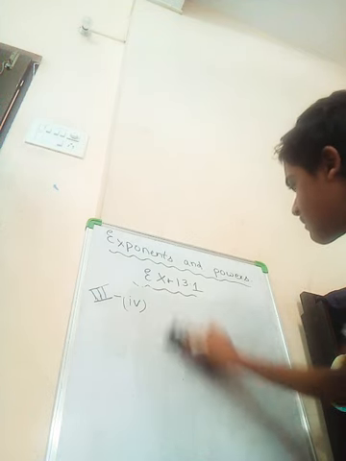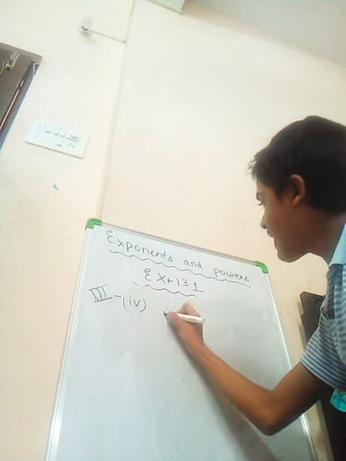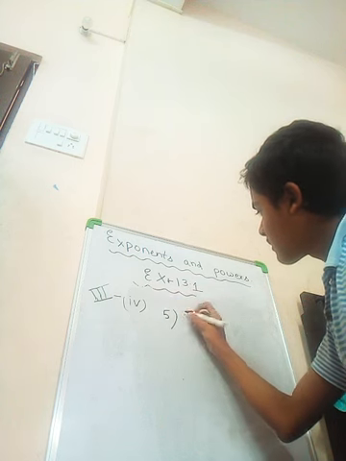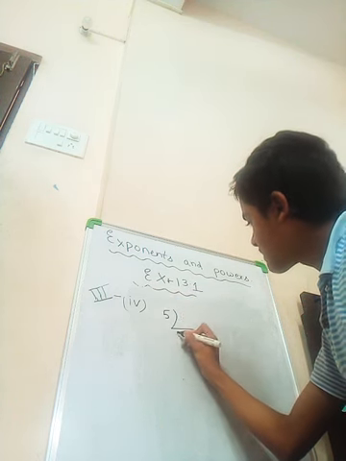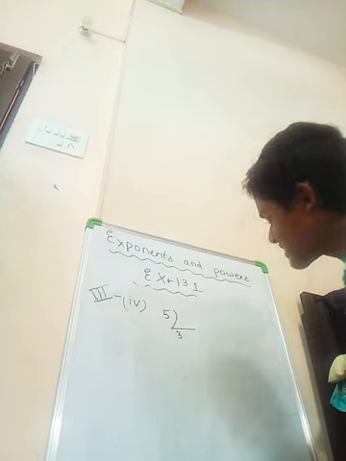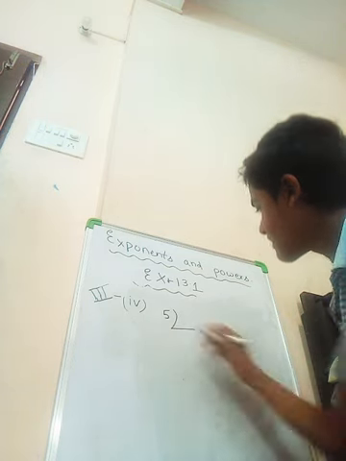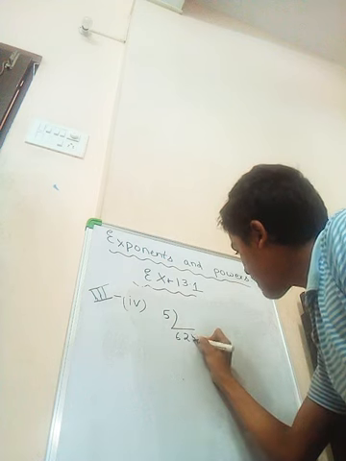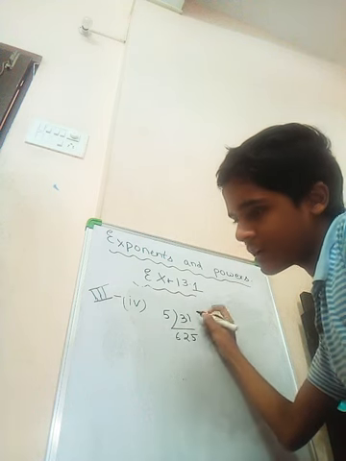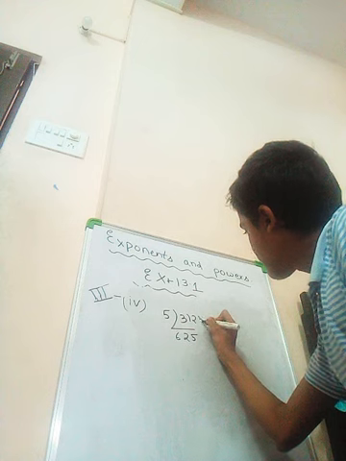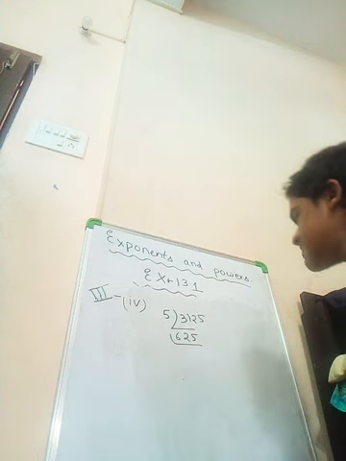So 5 625s are 3125. So how many times does 625 go in the 5 table?